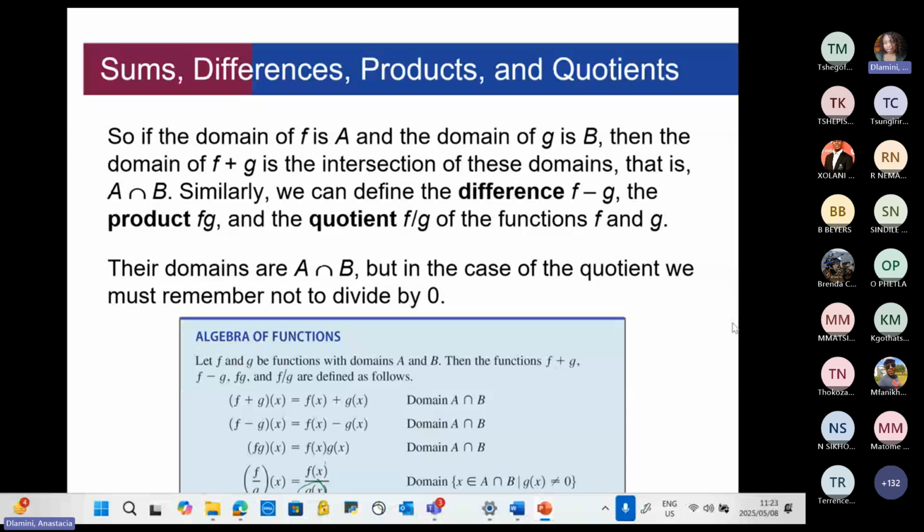Once you get the intersection of the two domains, that is the domain of f of x plus g of x. Does it make sense now? Yes, ma'am. It makes sense.